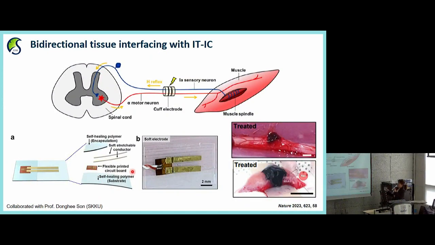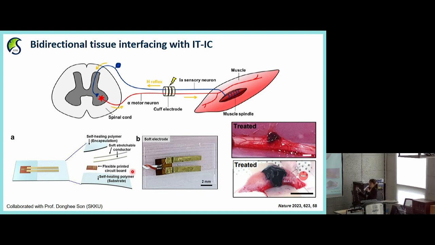After that, we also implant this soft electrode for nerve stimulation. As you know, nerve stimulation can evoke a muscle signal, right? So we use the soft electrodes for stimulation and for recording on the muscle tissues. We also fill our hydrogel into the defect region.